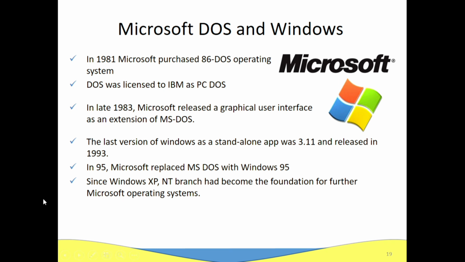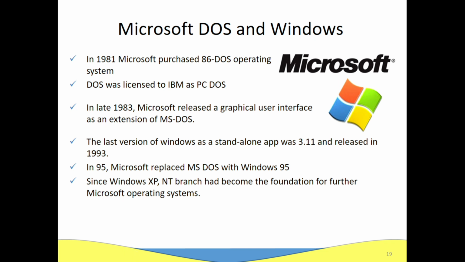In 1995, Microsoft replaced MS-DOS with Windows 95. That was a fully functional operating system booting directly to GUI. In a few years, Windows 98 and Millennium Edition followed.